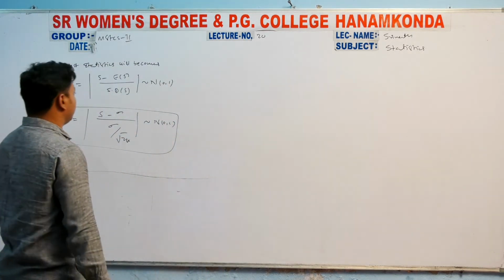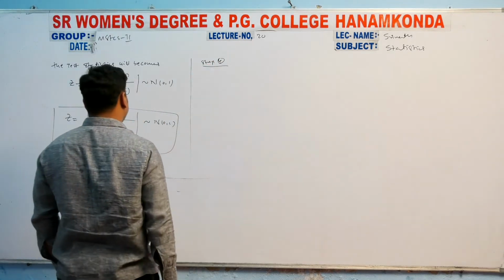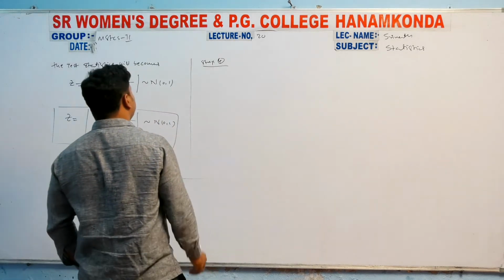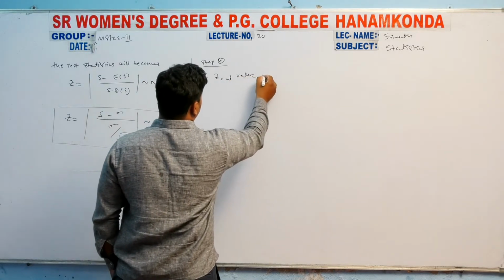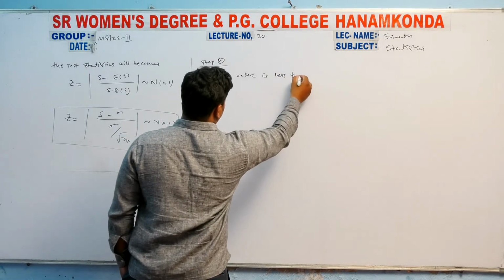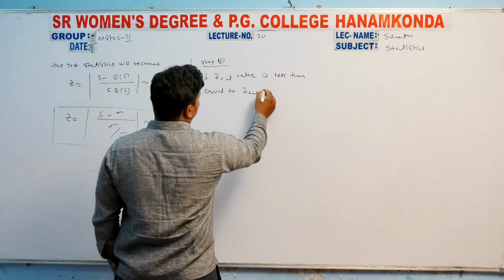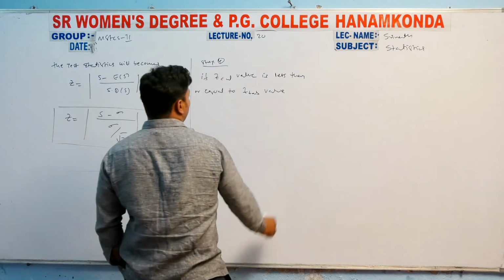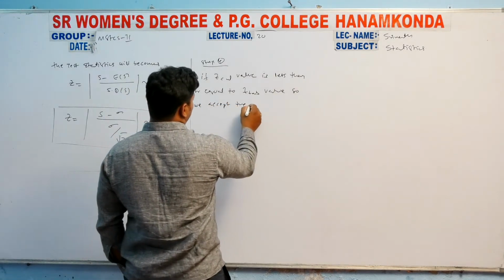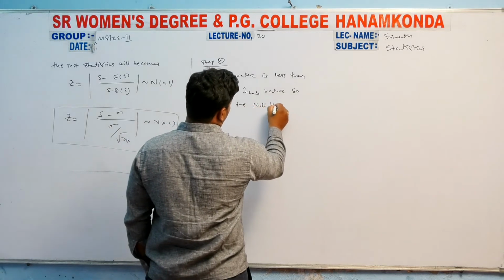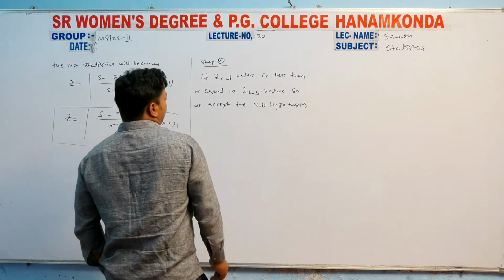And the conclusion, step 4. If Z calculated value is less than or equal to Z table value, we accept the null hypothesis H0.